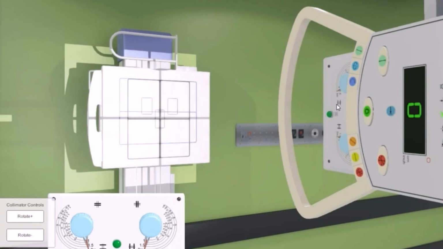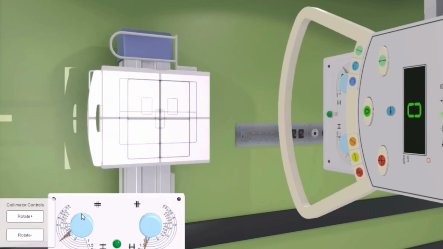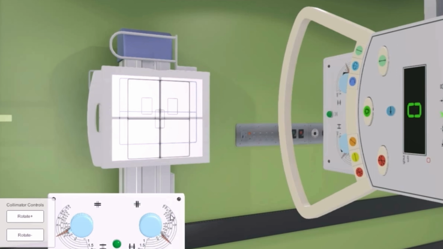What you can also do as a radiographer, or what you can expect from a radiographer, is having her or him collimating. So collimation is making sure that you are only including the area of interest. So the area of interest is the body part that is affected. You're not trying to have this beam of light on just one forearm.